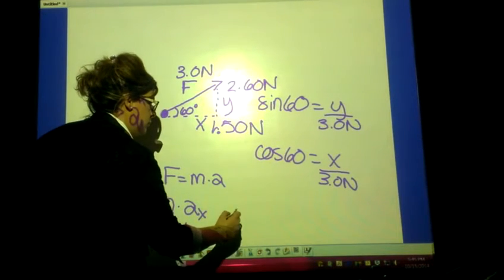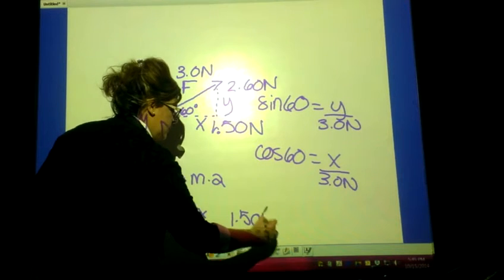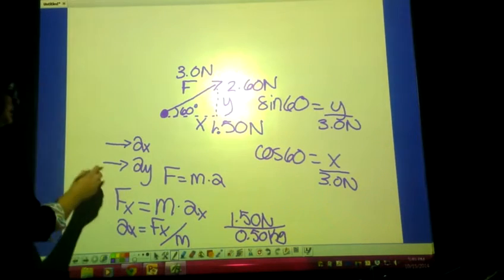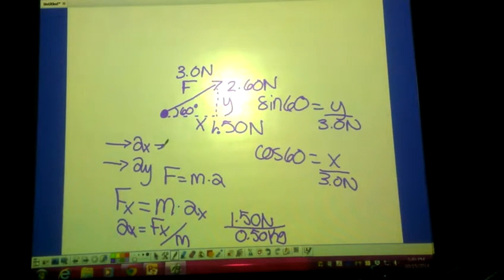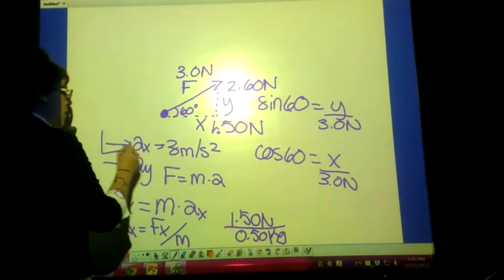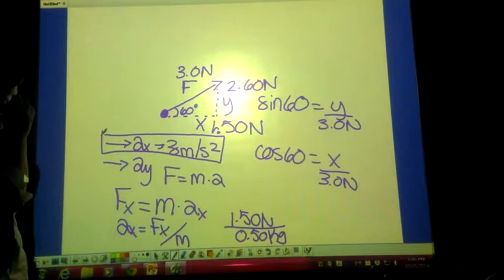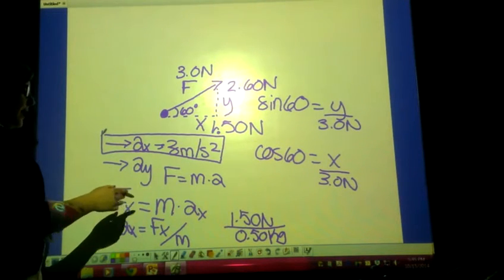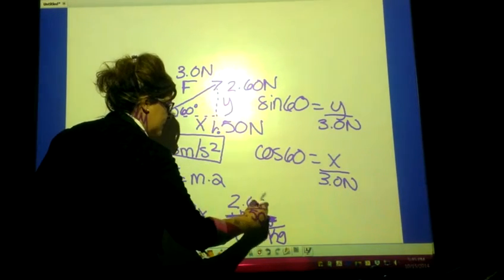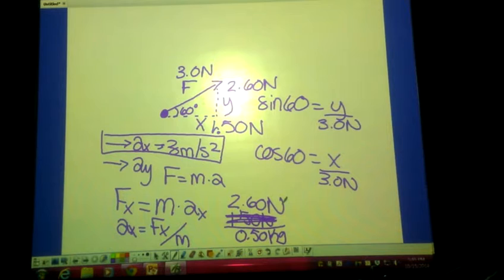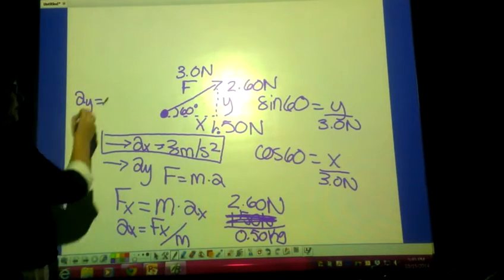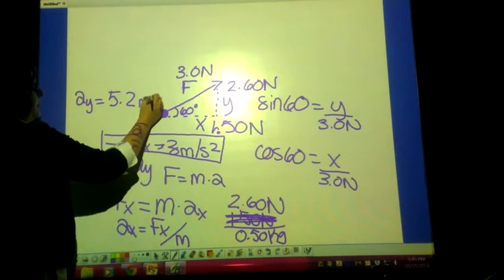So then I know 1.50 newtons over 0.50 kilograms. So a sub x has to be equal then to 3 meters per second squared. Let's do the same thing for a sub y, except instead of 1.5 newtons, this would be 2.60 newtons divided by 0.5, which would then give me a sub y of 5.2 meters per second squared.